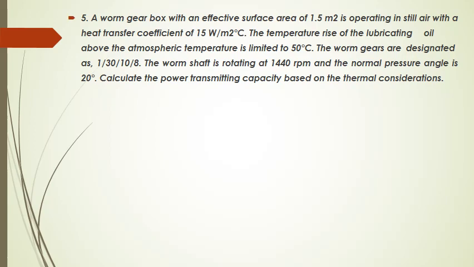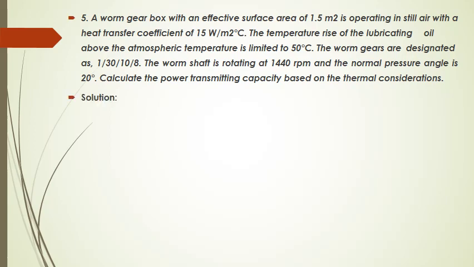The worm gears are designated as 1/30/10/8. The worm shaft is rotating at 1440 rpm and the normal pressure angle is 20 degree. Calculate the power transmitting capacity based on the thermal considerations.